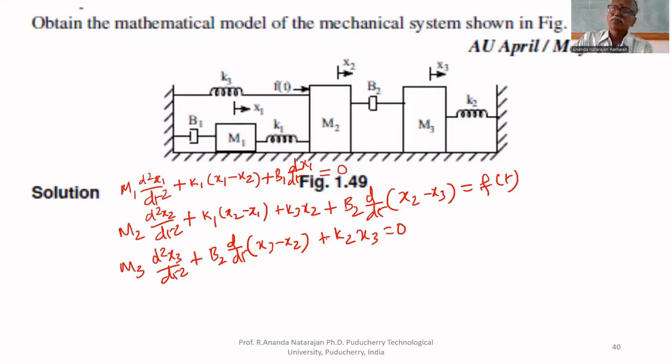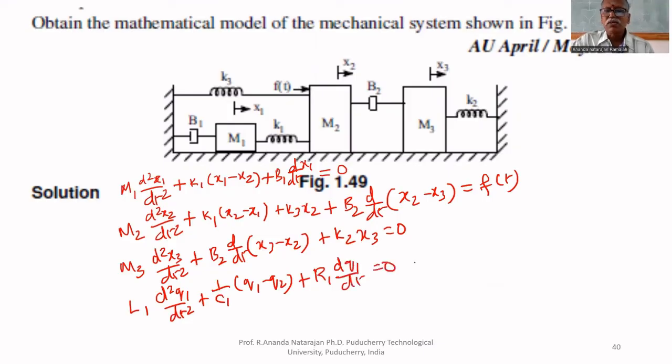We got three equations. Now let us find the force-voltage analogy. For that, what do we have to write? L1 d²q1/dt² plus 1/C1 (q1 minus q2) plus R1 dq1/dt equal to 0.